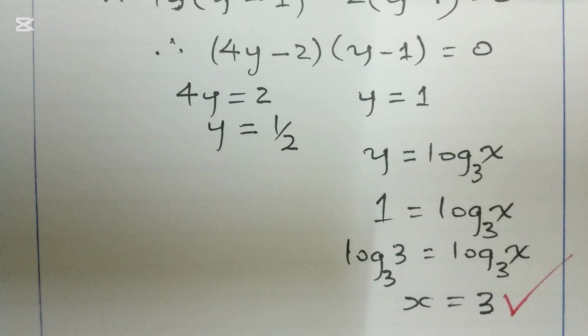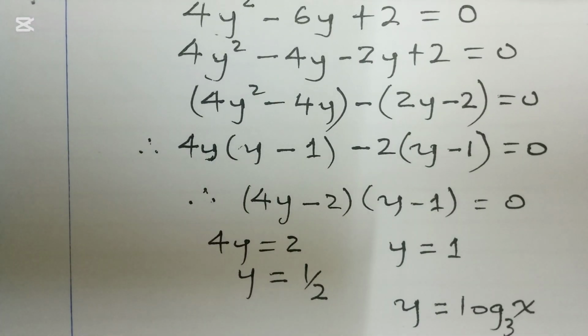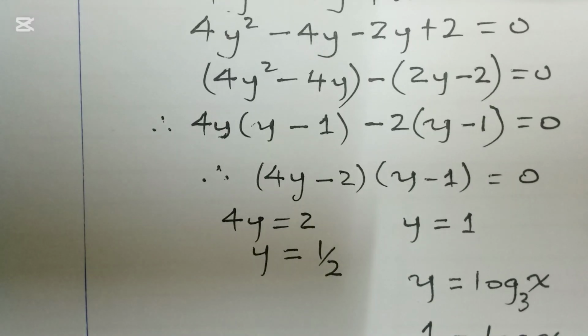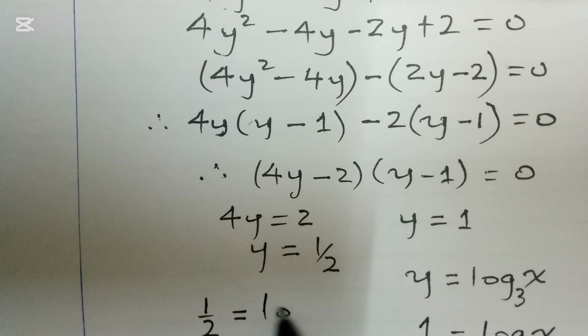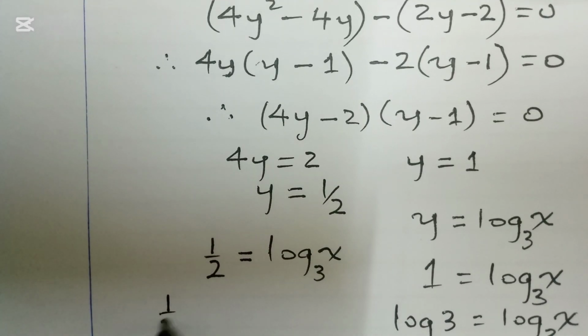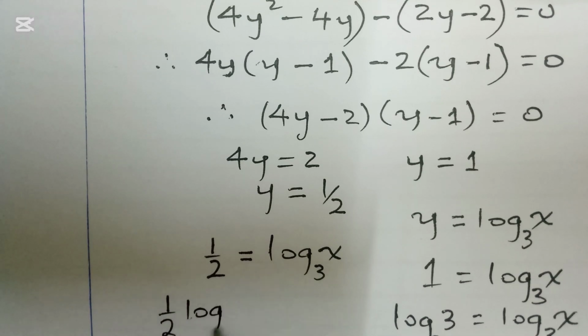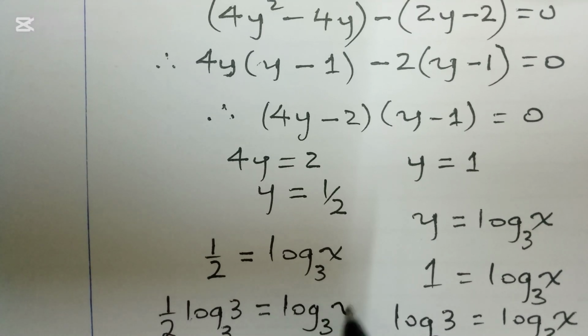So let's go now to a half. For a half, we shall have a half equals log to base 3 of x. You can write this one in form of base 3: a half log to base 3 of 3 equals log to base 3 of x.